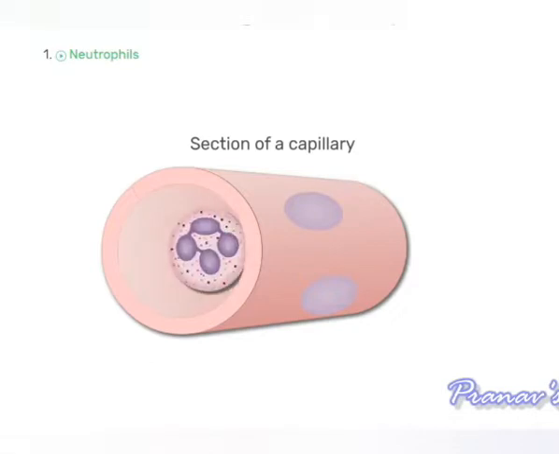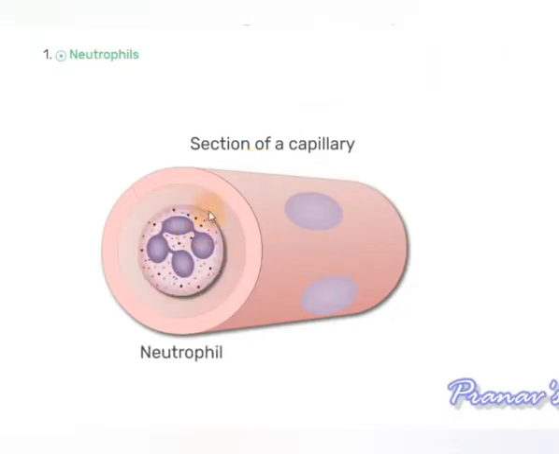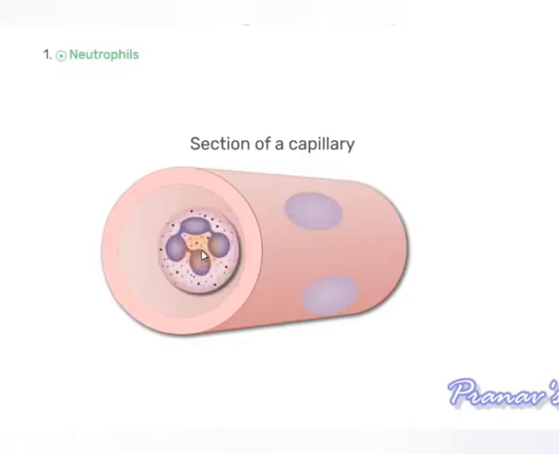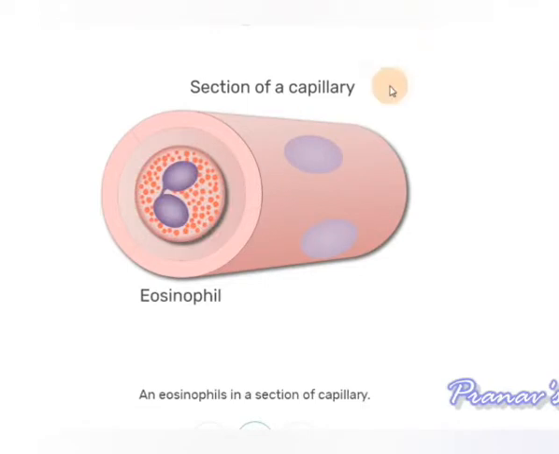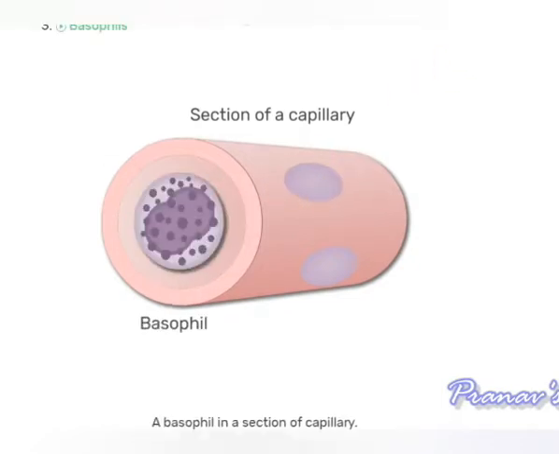First, neutrophils, you can see the animation of a neutrophil. The next is eosinophil. And then basophil.